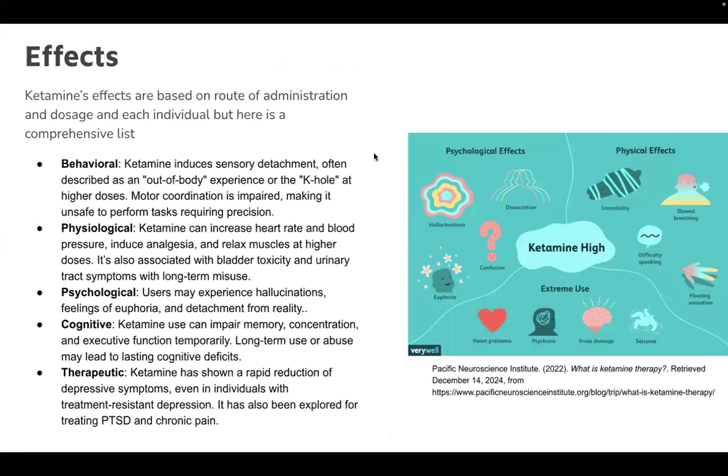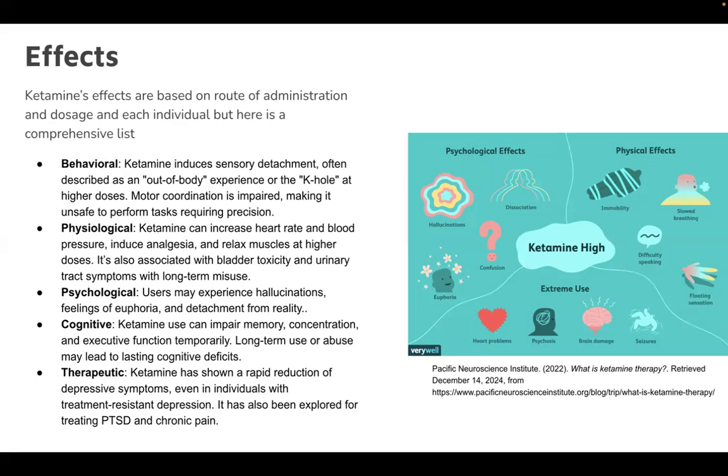For the effects, ketamine's effects are based on the route of administration, dosage, and each individual, but here's a comprehensive list. For behavioral, ketamine induces sensory detachment, often described as an out-of-body experience, or the K-hole at higher doses. Motor coordination is impaired, making it unsafe to perform tasks requiring precision.